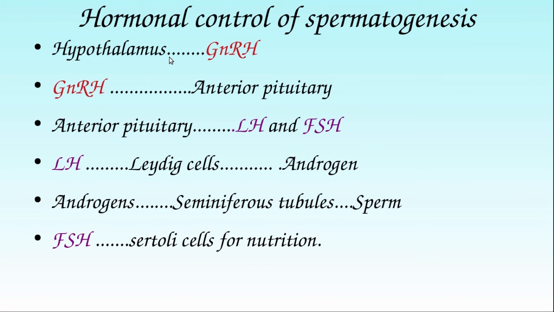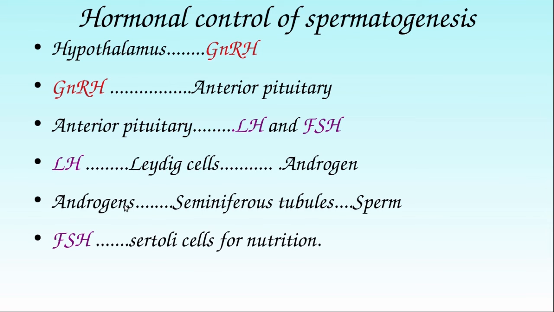The hypothalamus produces gonadotropin releasing hormone. Gonadotropin releasing hormone acts on the anterior lobe of the pituitary. The anterior lobe of the pituitary gets stimulated and releases LH and FSH. They are tropic hormones. LH acts on Leydig cells to stimulate them to produce androgens.